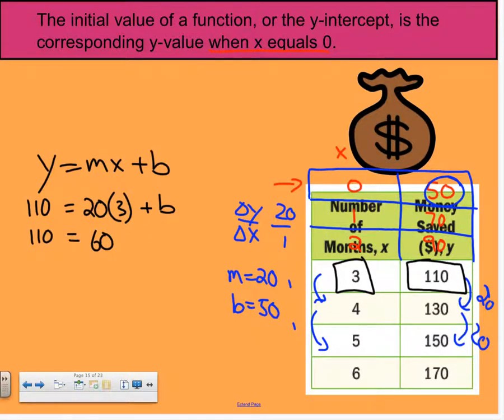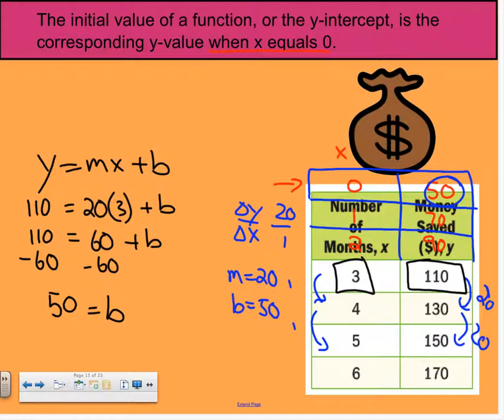So I have 110 equals 60 plus b. I subtract the 60 so that I can get the b by itself. Got to do it on the other side. I end up with 50 equals b. So notice we end up with the same answer, just a slightly different way. So whether you choose to extend the table backwards or substitute into a slope-intercept equation, you should find the same thing.